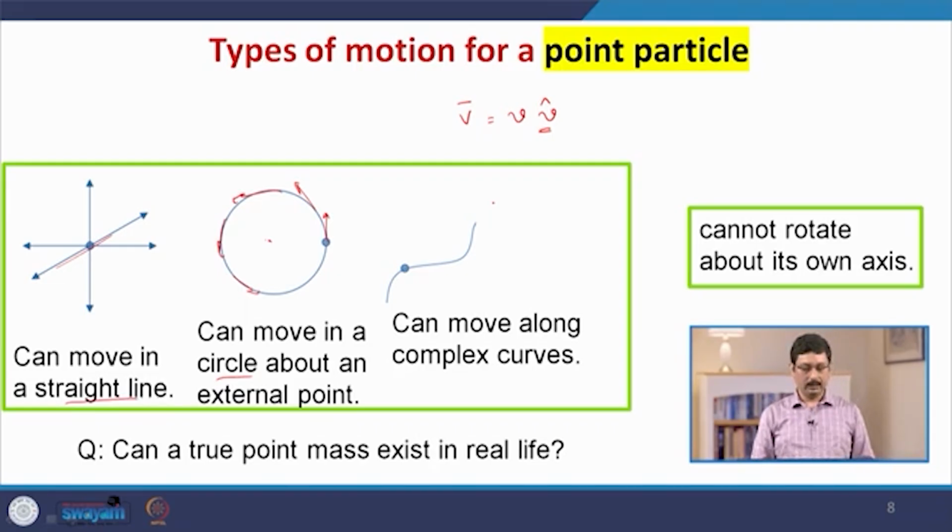Here I ask a question and I will leave it for you to think further. Can a true point mass, really a point which does not have any size and any structure, exist in real life?